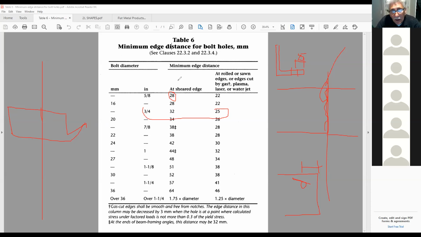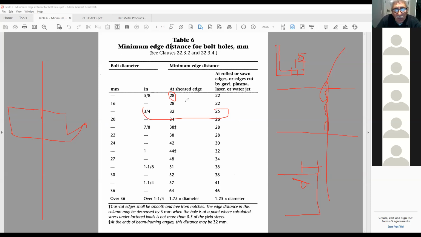Now, like always, if you're not sure what method he's going to use, then always provide the more conservative values. Let's say the table says 32. I would go to 40, or 35, instead. I wouldn't even worry about 32. As a matter of fact, I'd use multiples of 5, you understand?